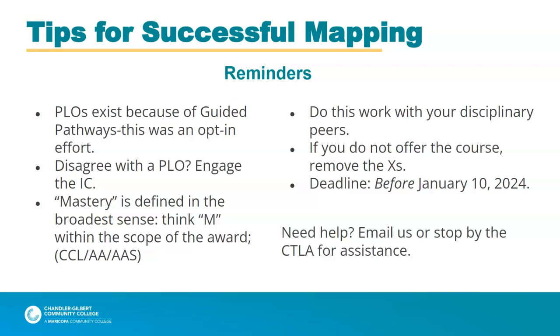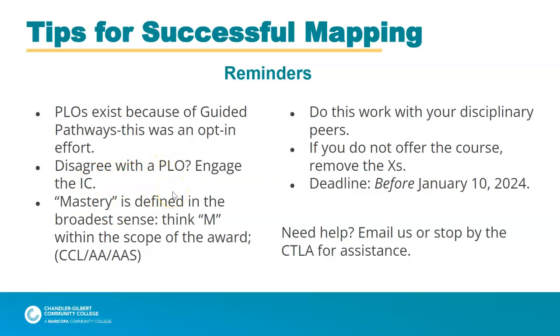And that is because guided pathways mapping was an opt-in effort. Faculty were invited during academic semesters to spend time at the district office and map those associate's degrees to program learning outcomes in courses.